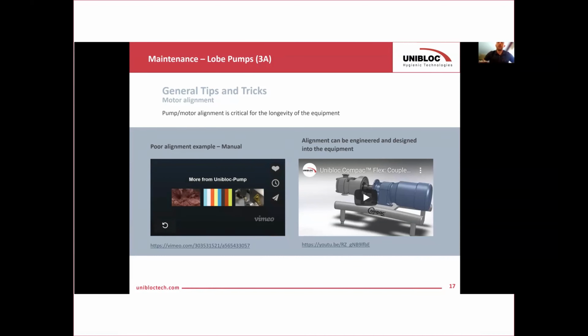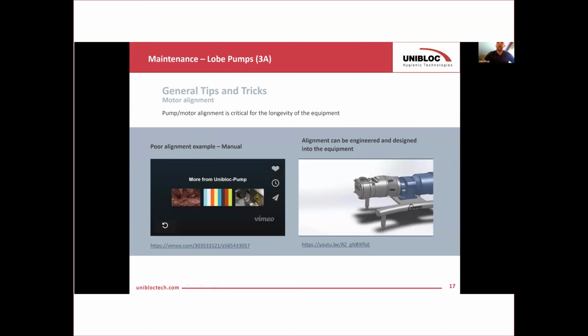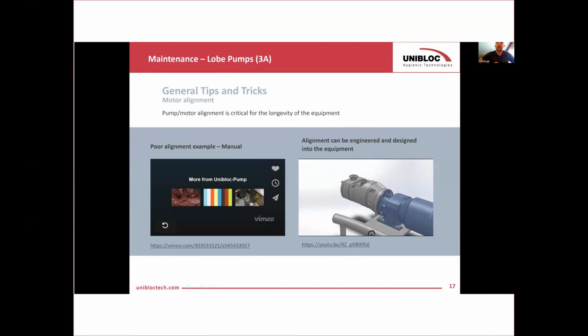But you could look for flange mounted designs where the pump is actually not mounted to the base plate. And that looks like this on the video here, where the pump has an engineered flange that has an instant alignment, which then minimizes or reduces that concern.